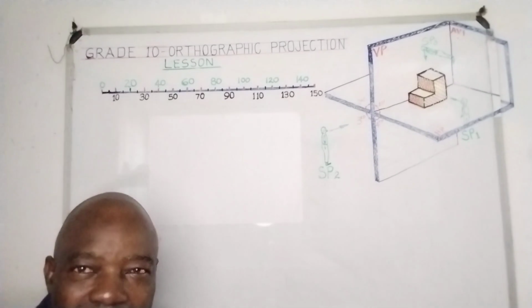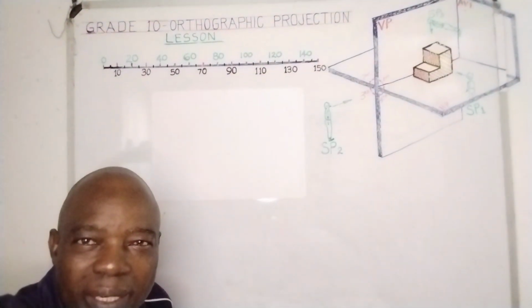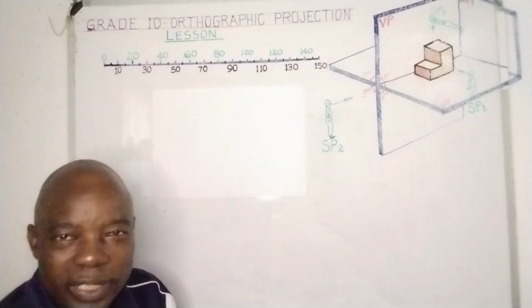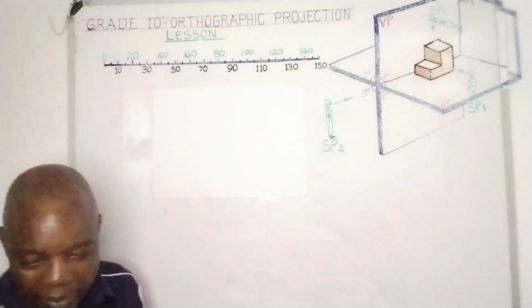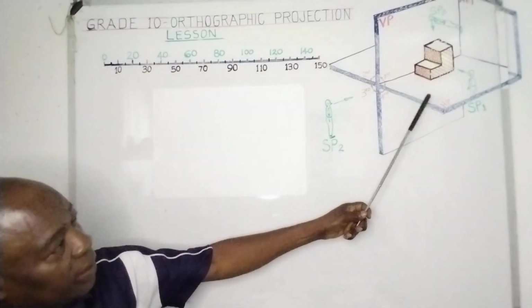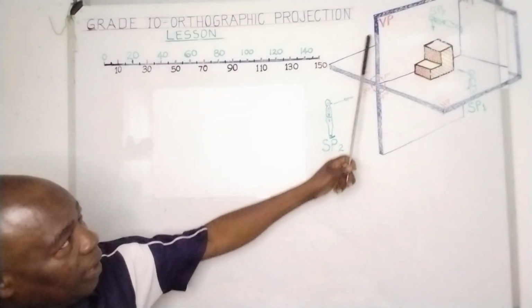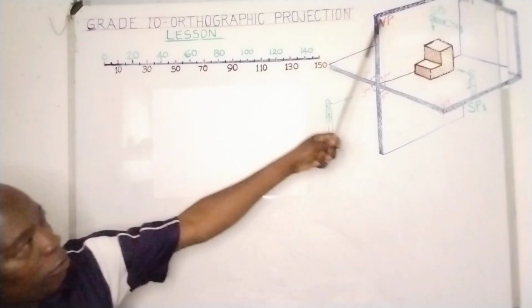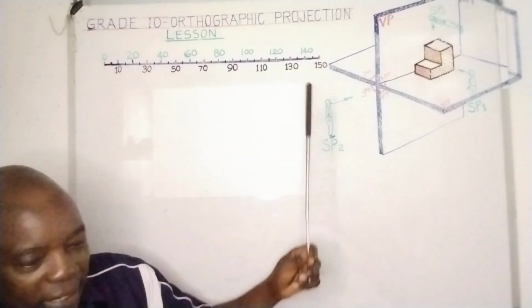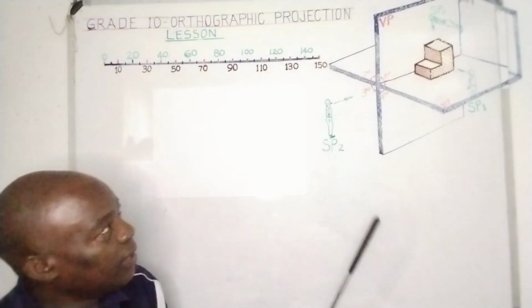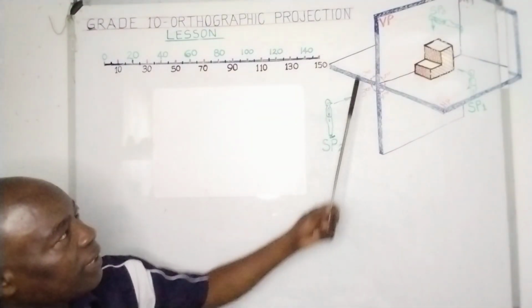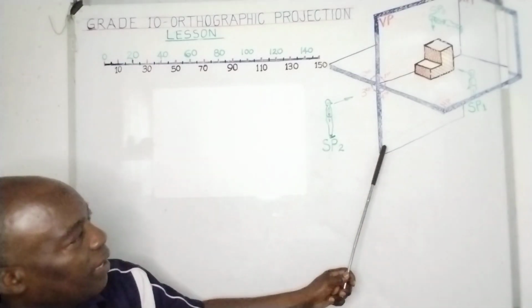As you can see, we've got a set of planes. A plane is something which is flat, a flat object. So this is represented as a solid board, or sometimes when it's to do with third angle orthographic projection, as we are going to discuss, it will be glass.